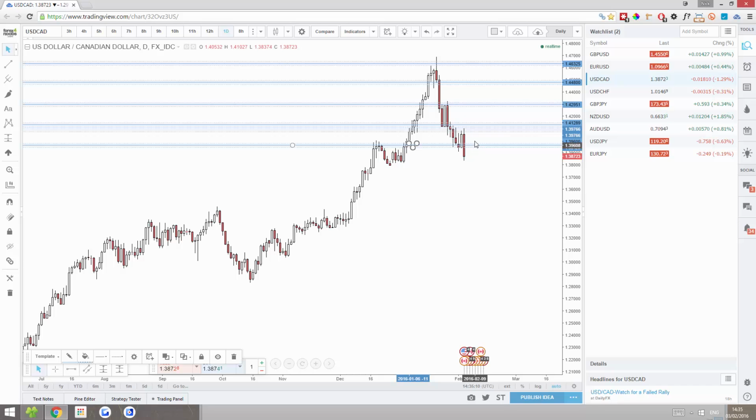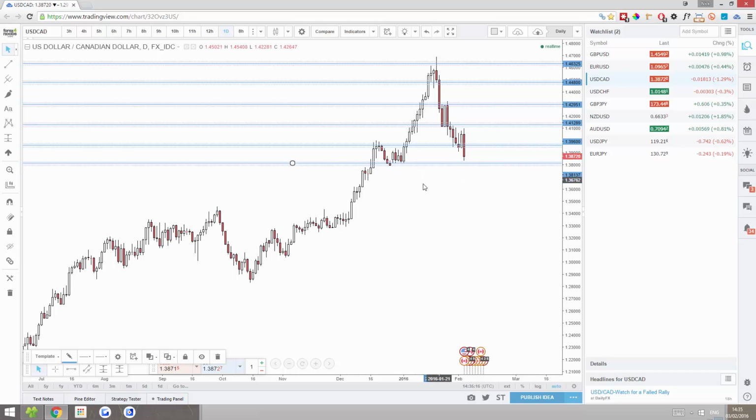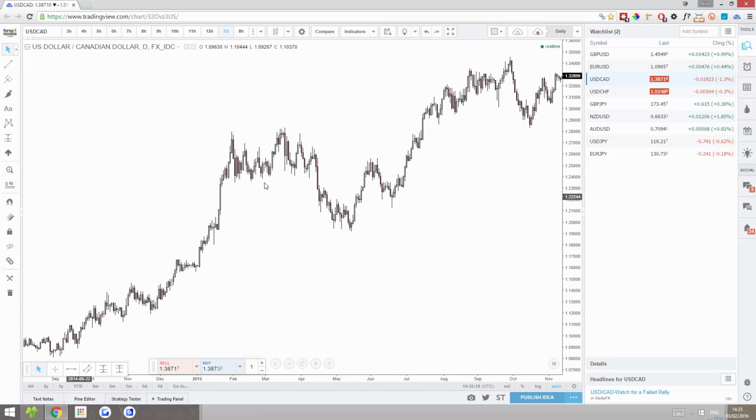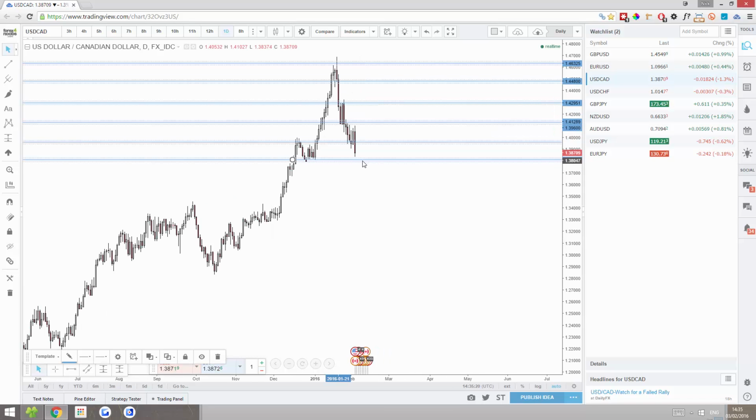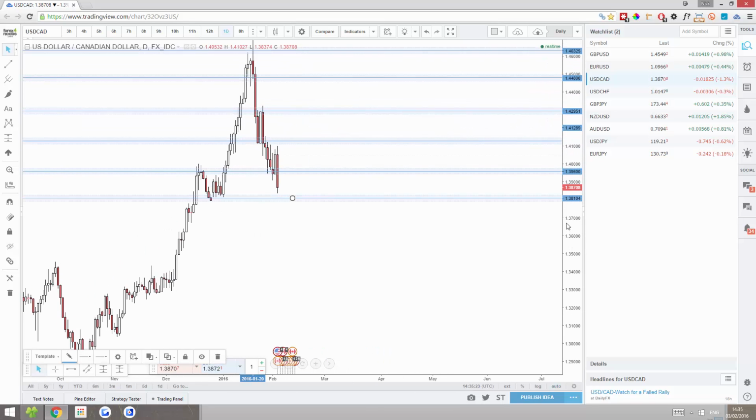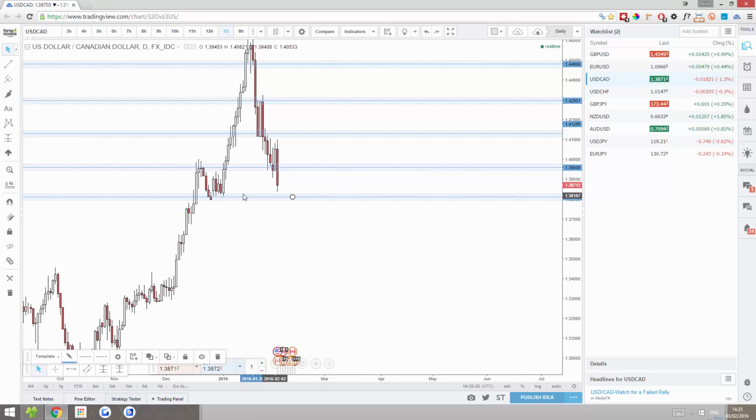I am going to try to place a support resistance area down here. This is just a rough support resistance area, and there's not going to be any history for it. So let's see what price does when it approaches this area, the 138.10. As you can see, I placed this in like 3 seconds, so it might not be very accurate, but I just want to see what happens when price approaches this area because of this bounce here.